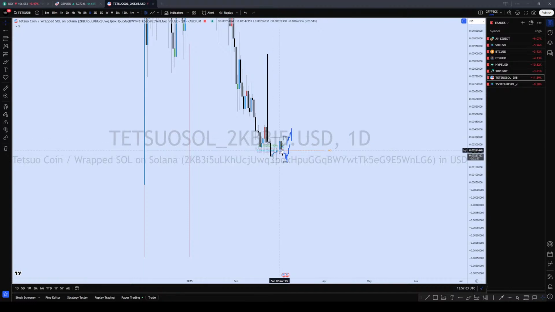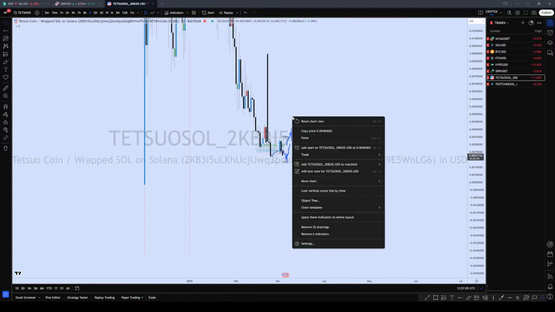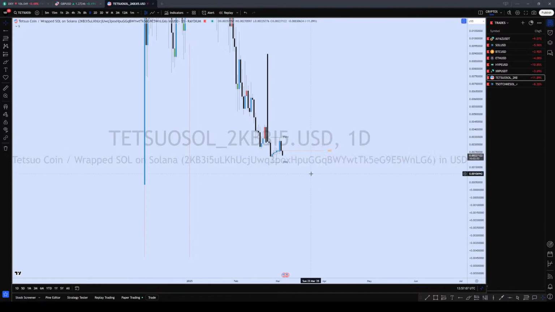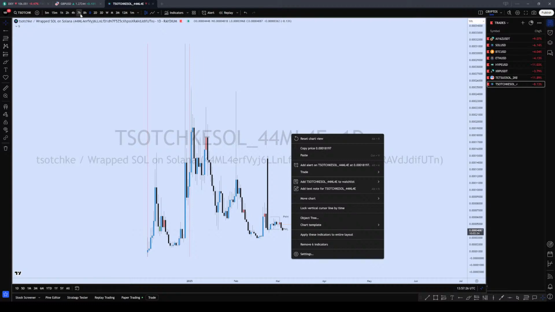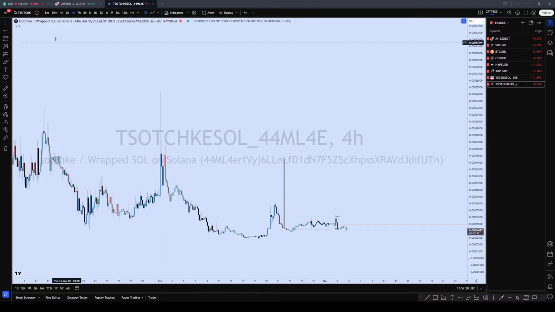You don't sell in discount. When price is cheap, you don't sell, you buy. When price is expensive, that's when you sell. So where we are now, I don't recommend selling. Touch key, same thing. I still recommend the range that price has created.